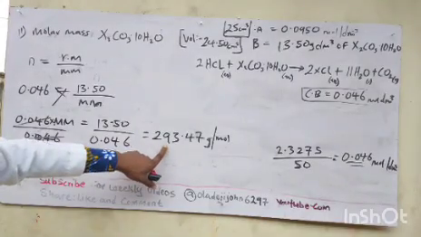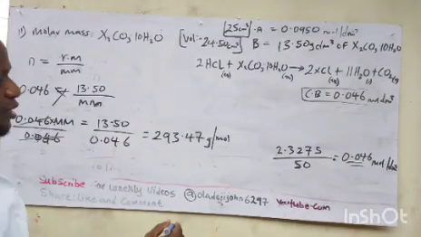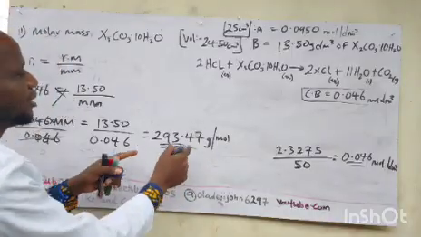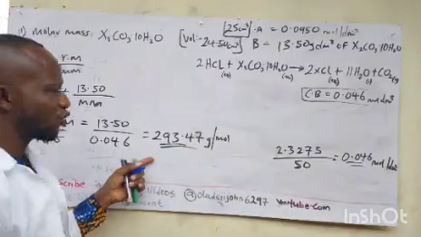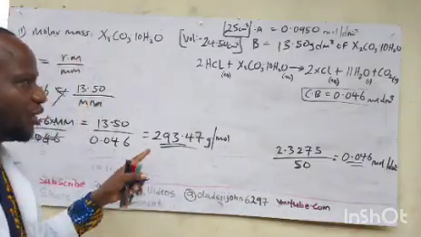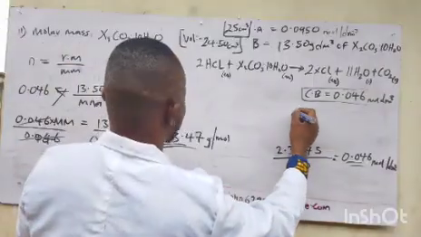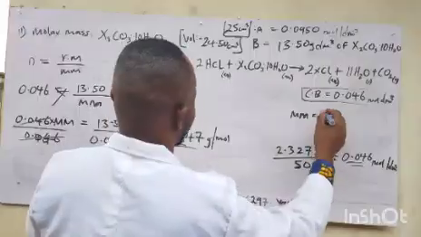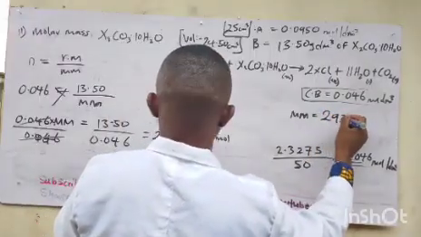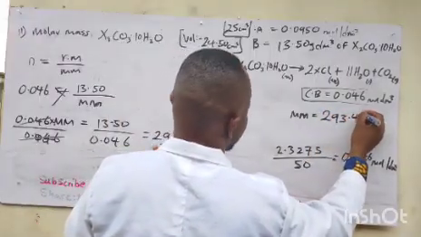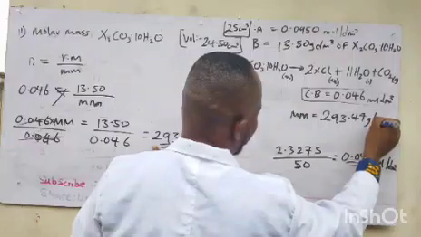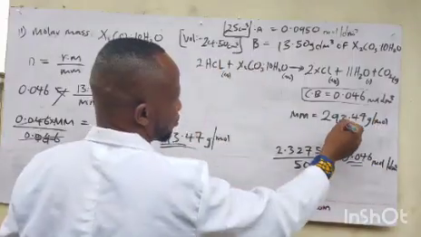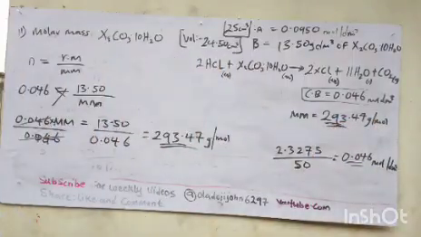Now, having said this, we have arrived at the second question. This is the molar mass. Let's also take note of this molar mass because it will also be needed. So, question 2, molar mass equals 293.47 gram per mole. Are we following?